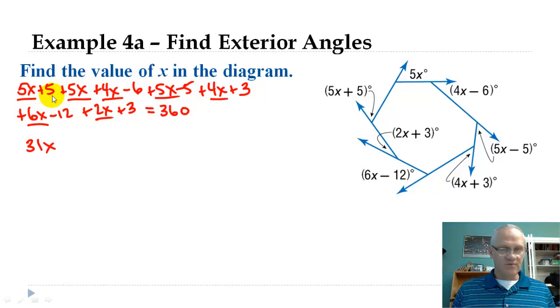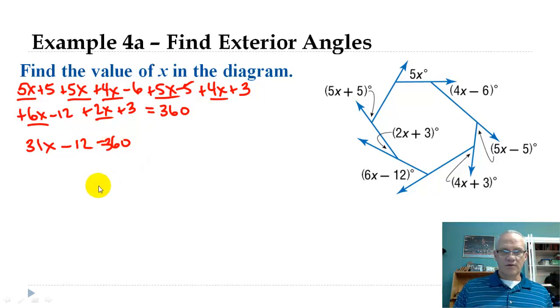So we have 5 minus 6 minus 5 plus 3, and then minus 12 and plus 3, and it looks like we come out with minus 12. That equals 360. So all I do then is finish solving this equation.